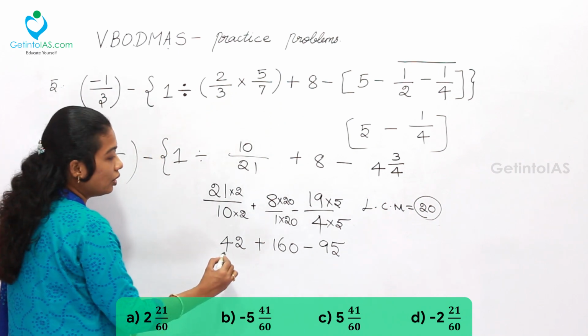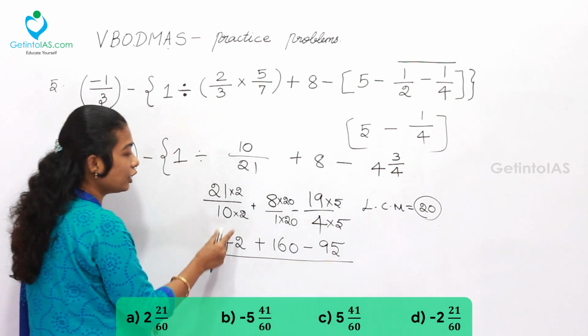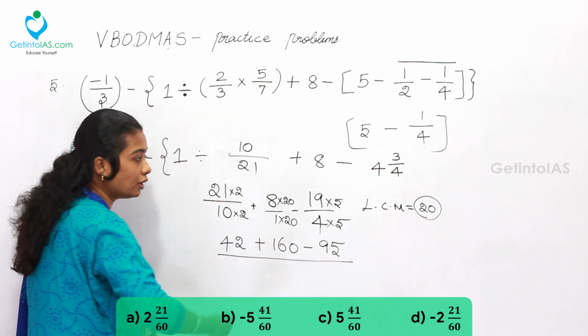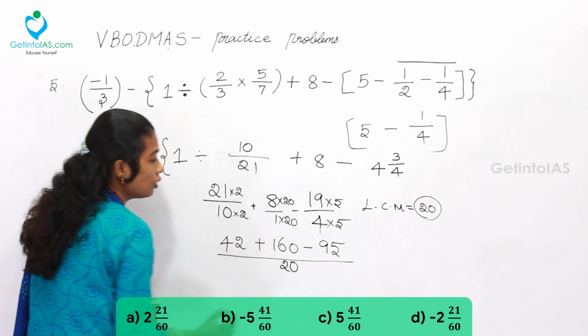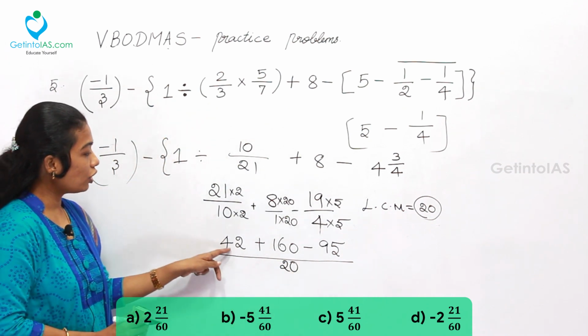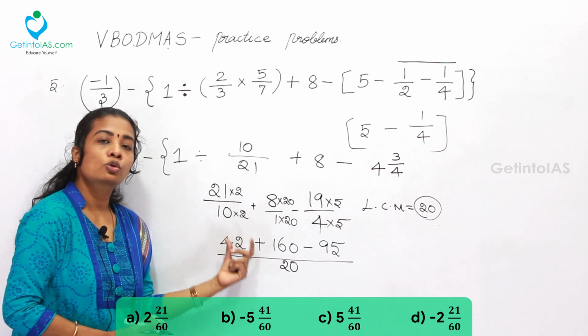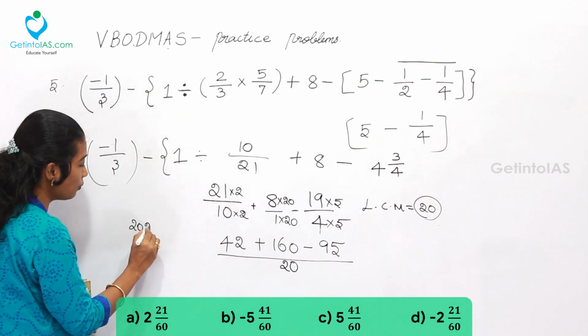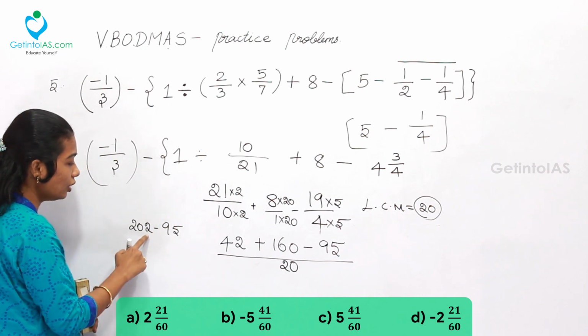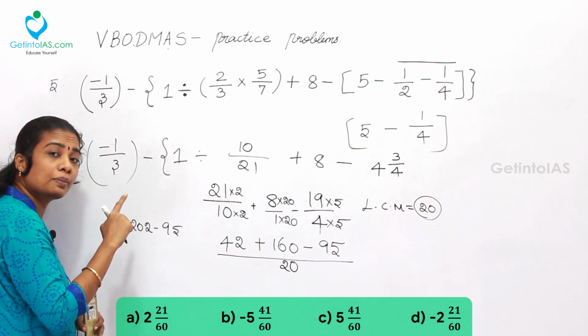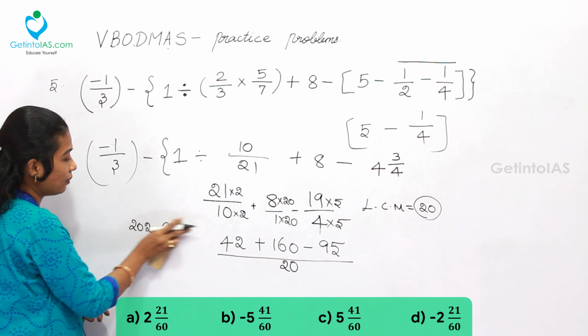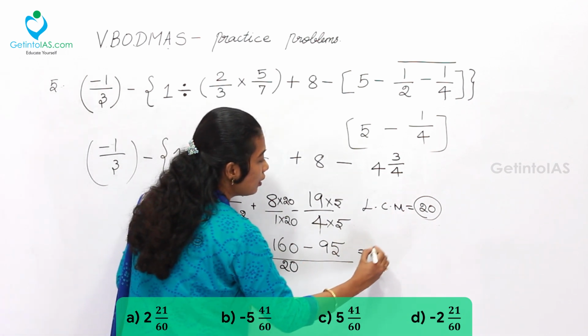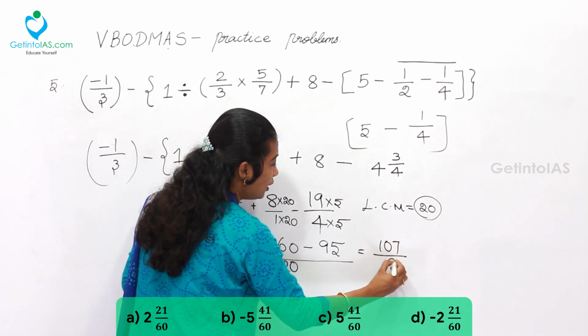Afterwards, this is to be divided by the common LCM, that is 20. So what is the final result? 42 plus 160, 202. 202 minus 95, what is the value? So 200 minus 93, which is 107. So finally 107 by 20.